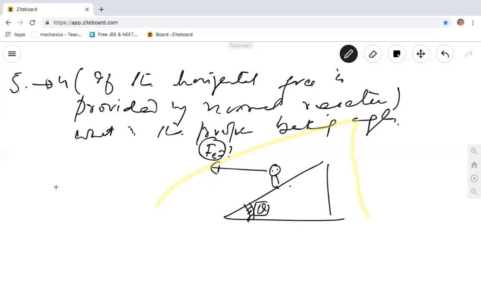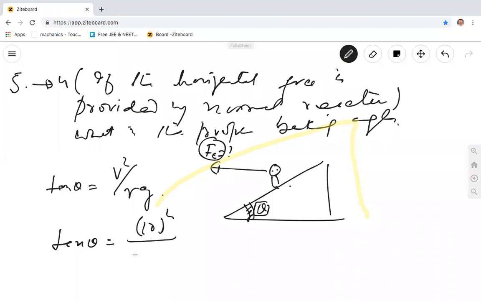Remember when I told you tan theta is equal to v square by rg. Do you remember? Let me write it again. tan theta is equal to what is v square? That is 10 square by what is r?